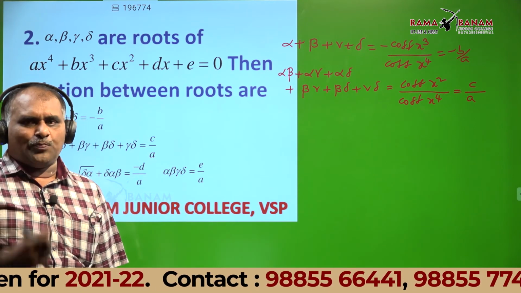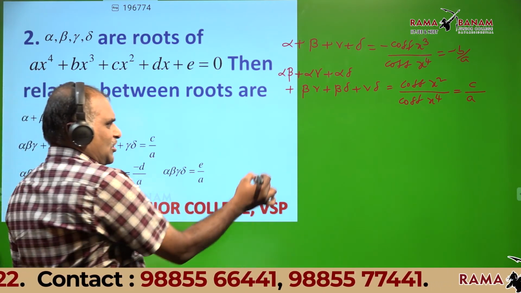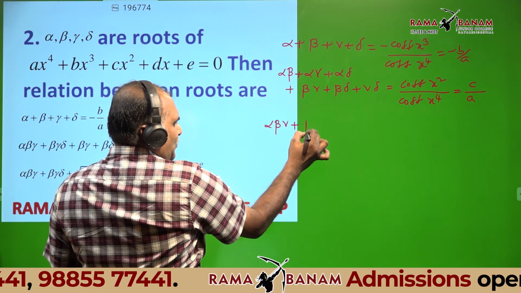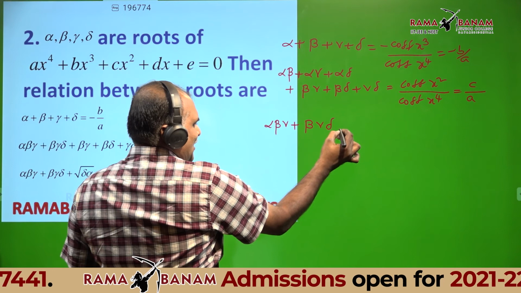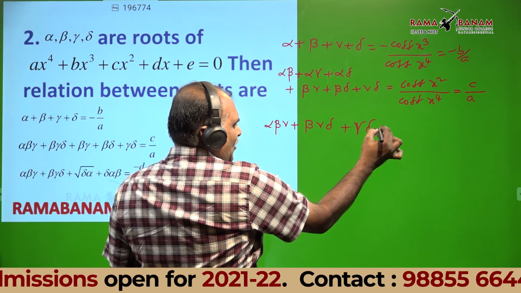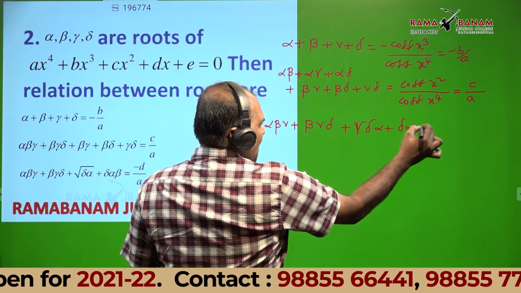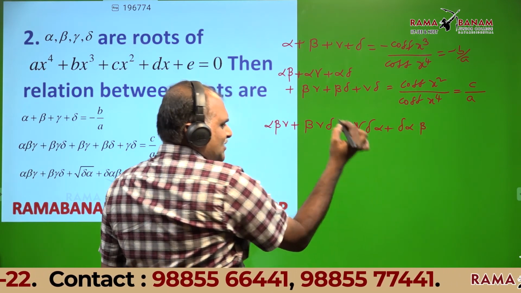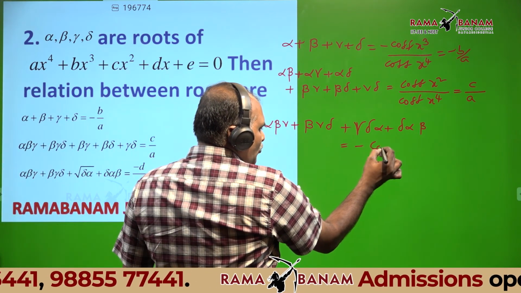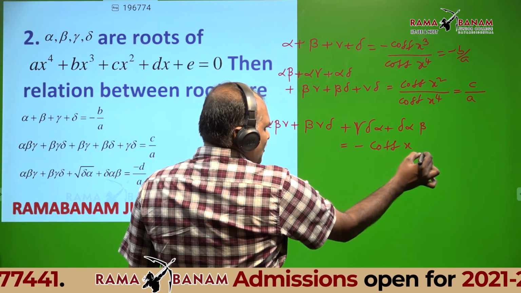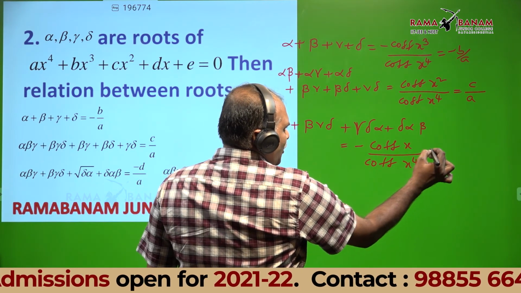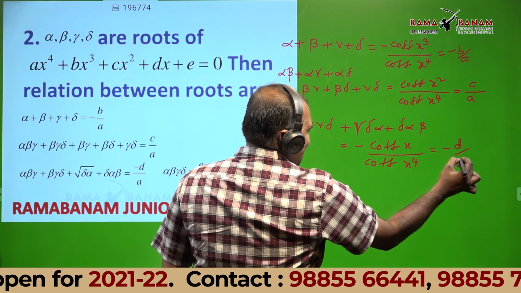After that, 3 product. What is the 3 product? Alpha beta gamma, beta gamma delta, gamma delta alpha, delta alpha beta is equal to minus the coefficient of x divided by the coefficient of x power 4. That is equal to minus d by a.